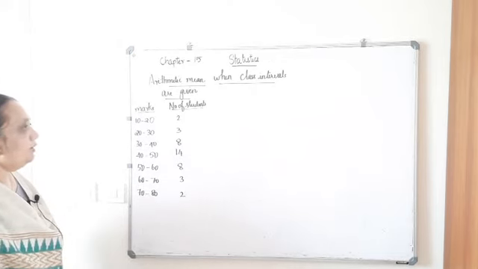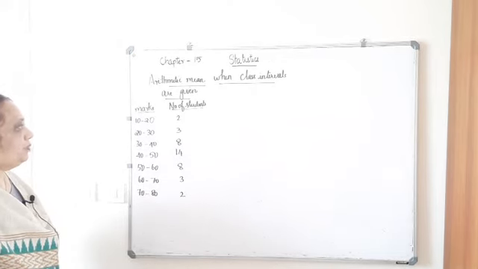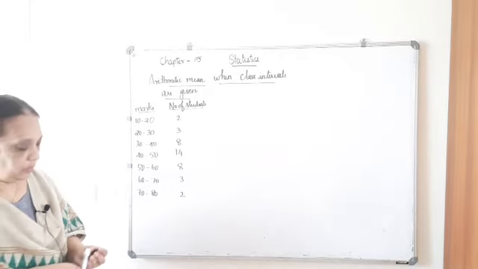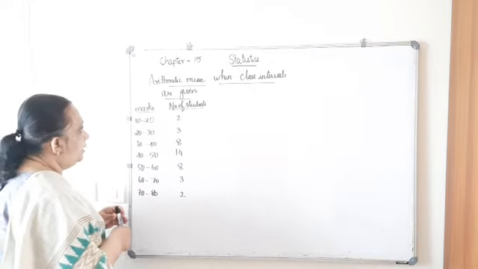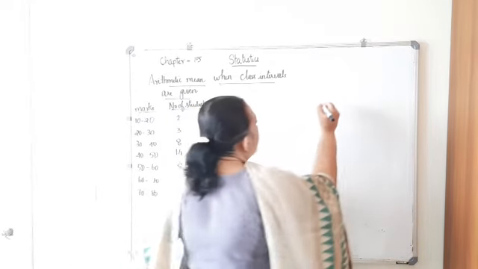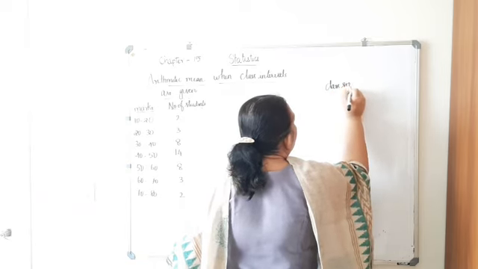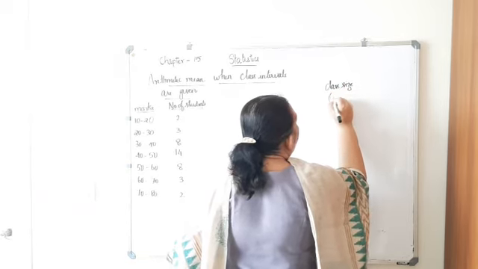Now, one doubt may come. Suppose a student obtains mark 20, where will it be included? In that case, you have to find out another term called class size or class width.